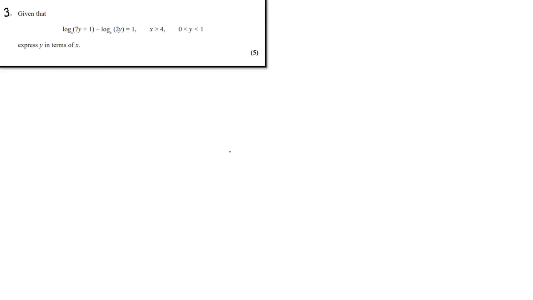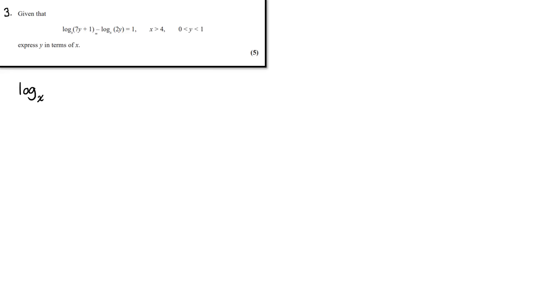Well, the first thing we should always think about when we're dealing with logarithms like this is what rules can we apply? The first thing I can note here is that we've got the logarithm of 7y plus 1 base x minus the logarithm of 2y base x. As these have the same base and we're subtracting, we can use the quotient rule for logarithms. So we can express this as a single logarithm, with the same base, base x.